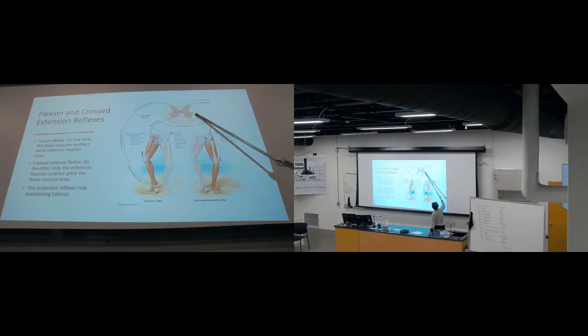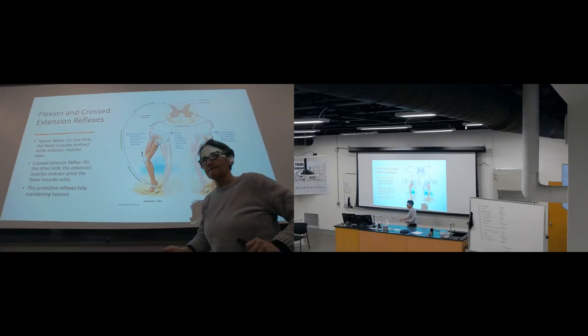At the same time, you send a contralateral signal to contract your extensor muscles in the other limb. That's why it's called cross extensor, because it crosses to the other side so that you maintain balance.